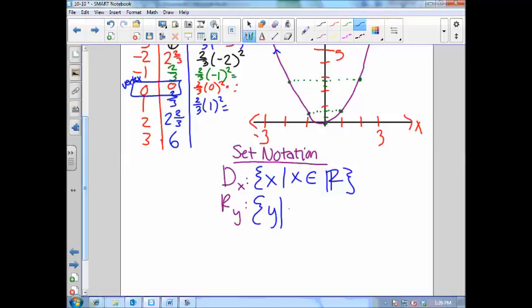So we say y is less than infinity? Greater than or equal to, what's the lowest number? 0. So again, that's red. The set of all y's such that y is greater than or equal to 0. So it starts at 0, and then the graph's going to go up through all the numbers greater than or equal to 0. Okay, and you are supposed to then do the same domain and range, but in interval notation and in inequality notation.